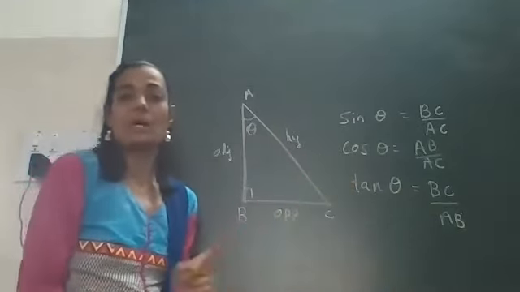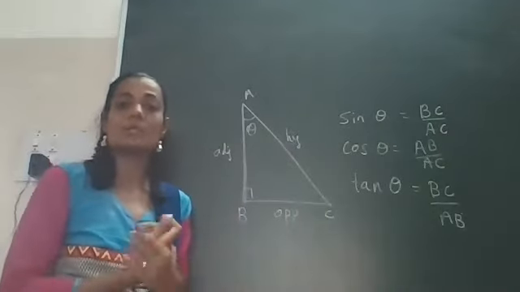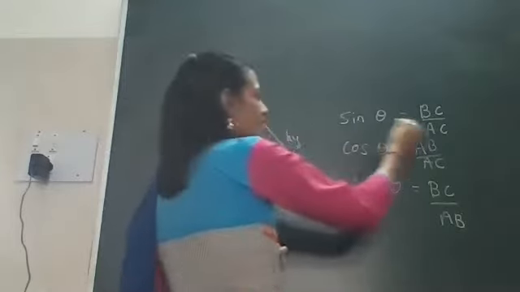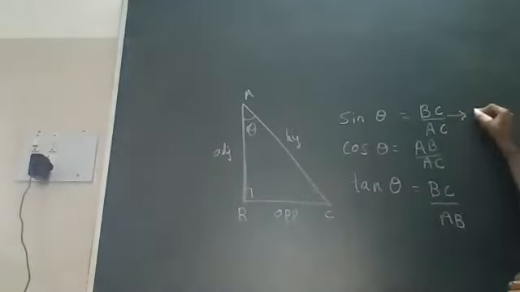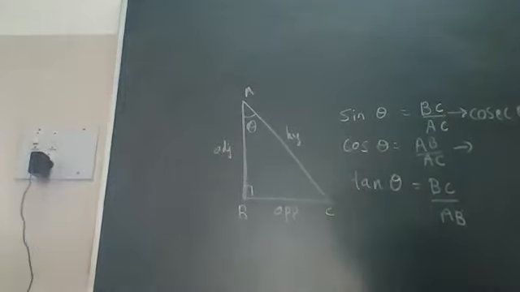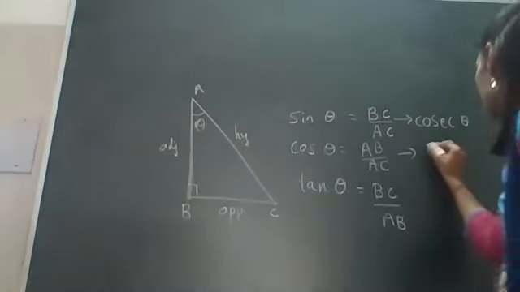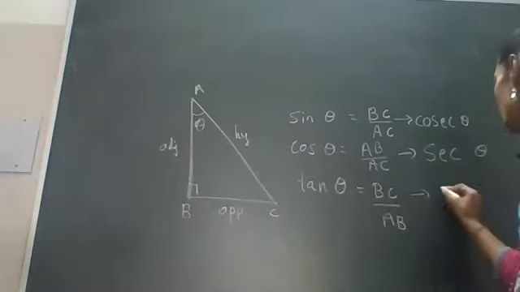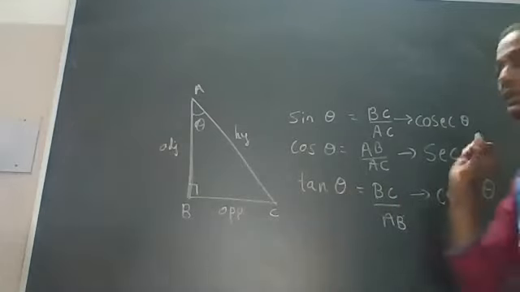Now, we also understood the reciprocals. The reciprocal of sine theta is cosec theta. The reciprocal of cos theta is sec theta, and the reciprocal of tan theta is cot theta.